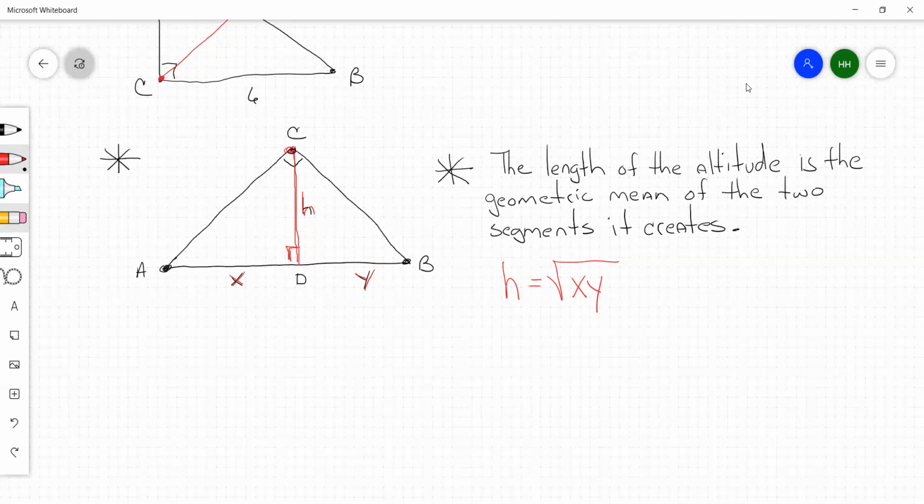Now we're going to expand this a little bit, and we're going to label this side right here lowercase b. Side AC, that's lowercase b. And then this is lowercase a right here.